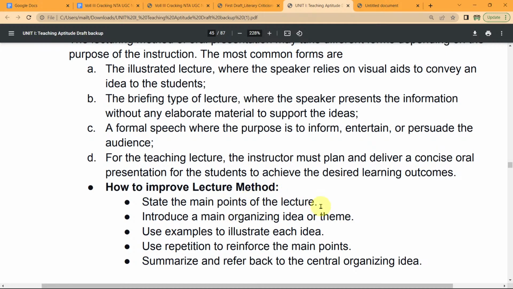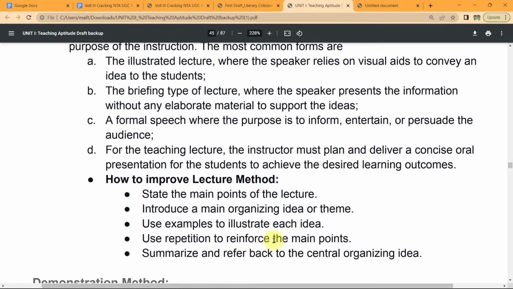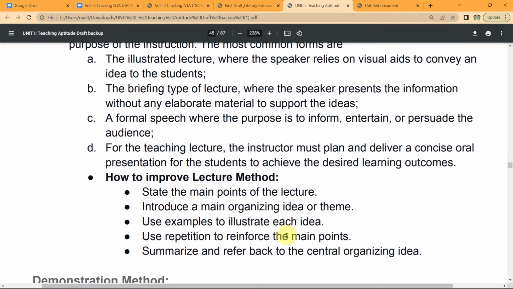Present the main points of the lecture, and along with that include main organizing ideas or themes. When the lecture method is adopted, the teacher uses examples to illustrate each idea, and of course uses repetition to reinforce the main point. He can repeat the information to make students familiar with the subject, summarize, and refer back to the central idea.